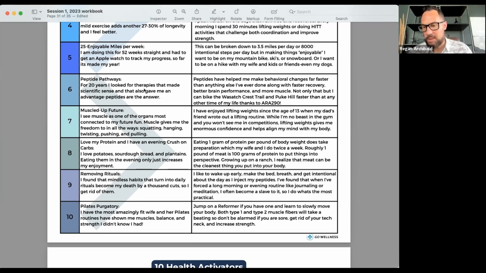If you guys are not following peptides, we had a peptide party last night, and we talked about some of the most commonly used peptides these days. But if you're not using those in your practice, get on those, because the peptide pathways, and just using them myself over the last 8 years, has made a huge difference. But now you guys need to start using those in your practice. So opening up the peptide pathways every day is huge.